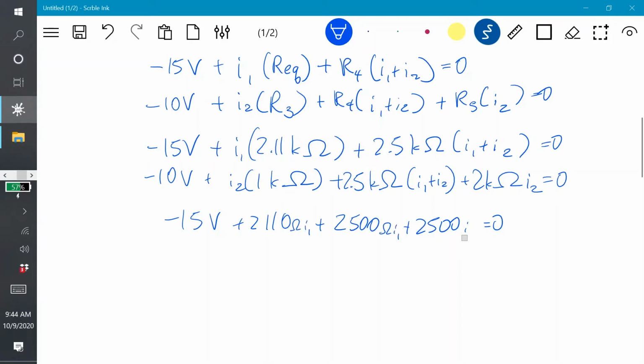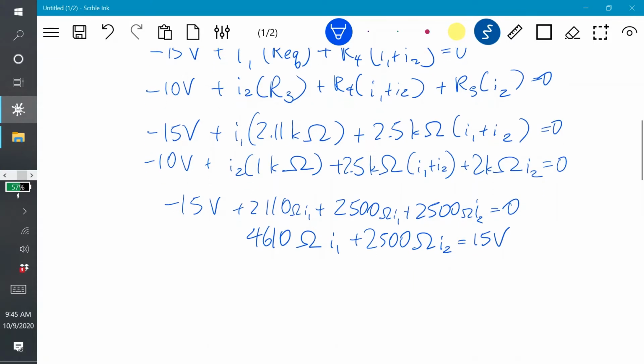You don't need to write them down, but if it helps you keep track of your units, go ahead. And of course this is a small I2. So this simplifies to 2500 plus 2110, that's 4,610 ohms times I1 plus 2500 ohms times I2 equals 15 volts. Okay, so that's our first equation.